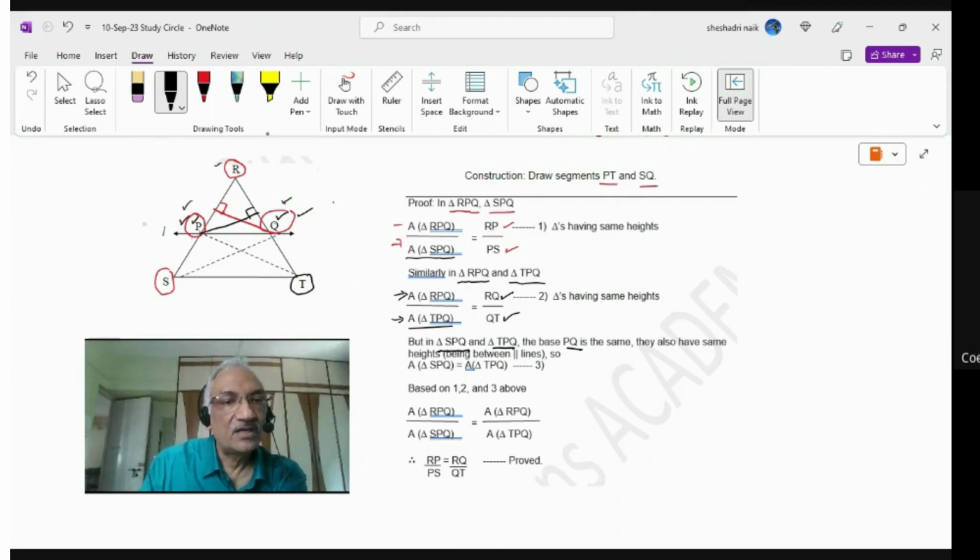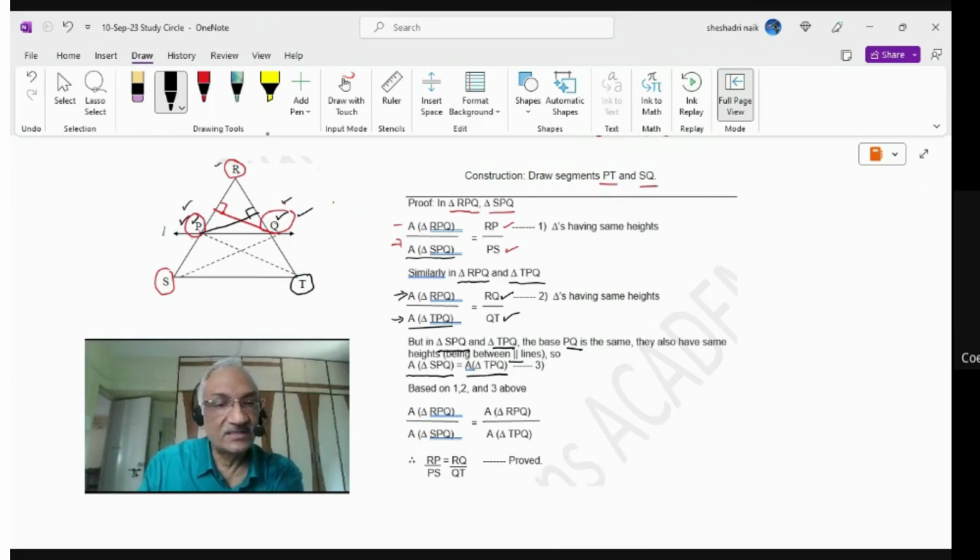The distance between parallel lines is the same. So we can make a statement that area of SPQ and area of TPQ are equal.